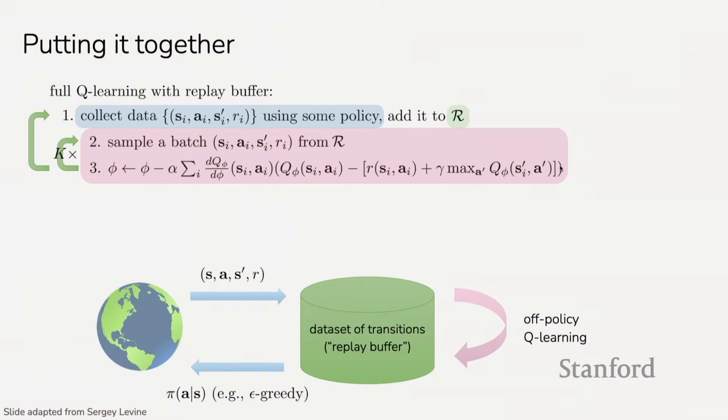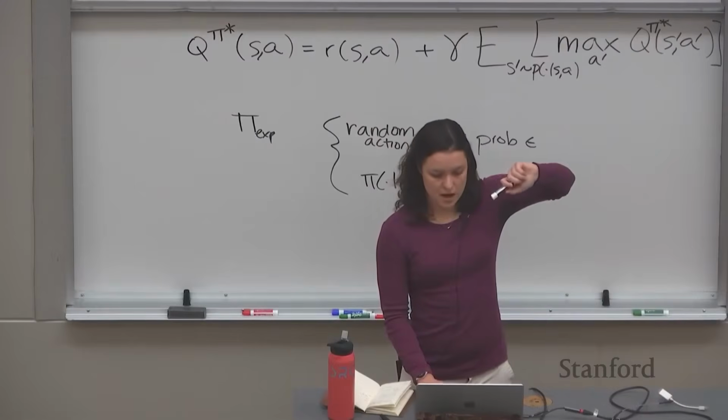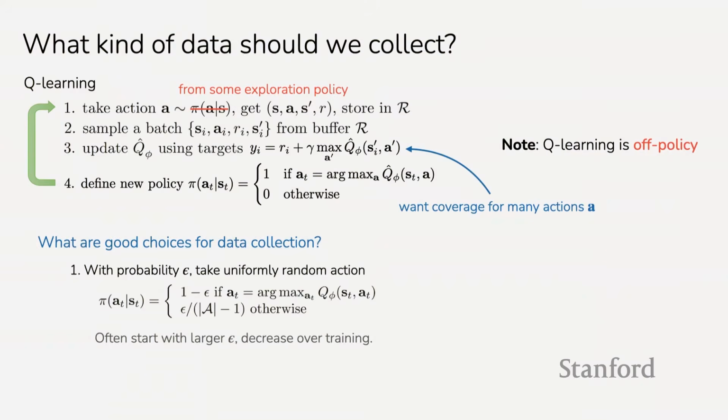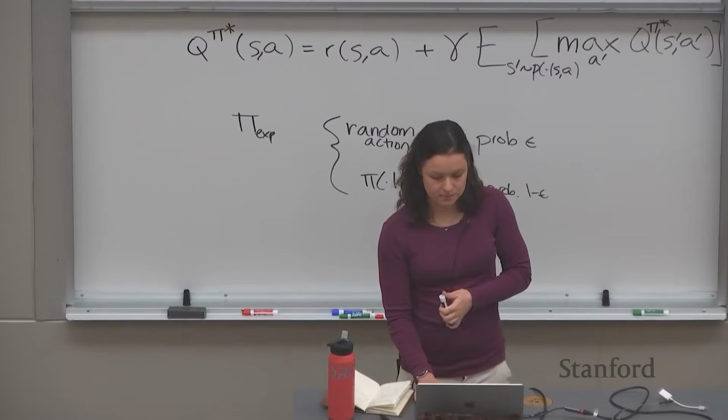In practice, what is the some policy? Yeah, so in practice, it's exactly what we talked about on the last slide. It would either be something like epsilon greedy, where with some small probability you're taking a random action and otherwise following the policy, or something where you're taking actions in proportion to their Q. And as we talked about, it might actually change during training.